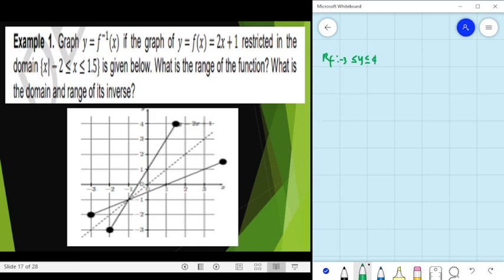Now analyze the domain of the inverse of the function.